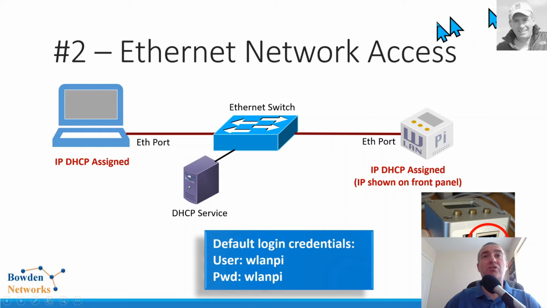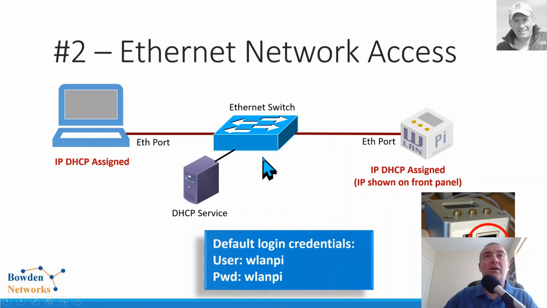So just to run through this scenario here, what we've got is the WLAN Pi, which is being connected to an Ethernet switch or any sort of network connected device where we can get a DHCP address. If it was in your home lab or on your home network, probably some sort of service provider device.